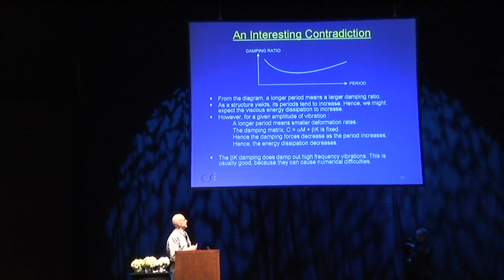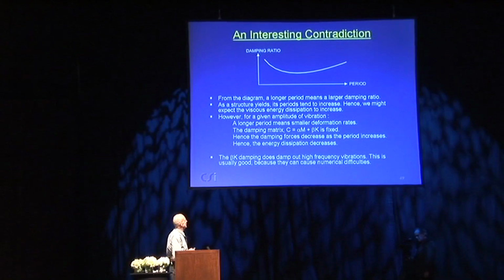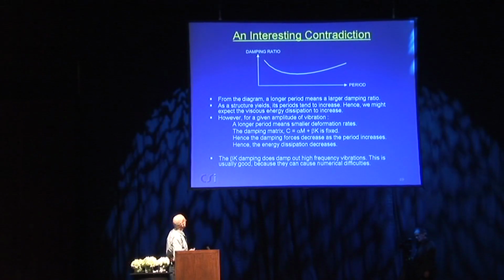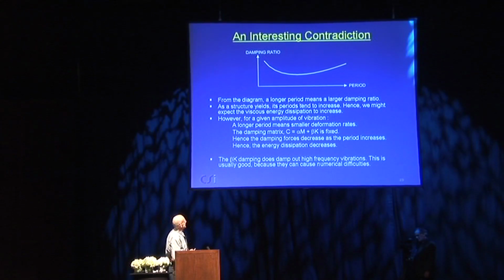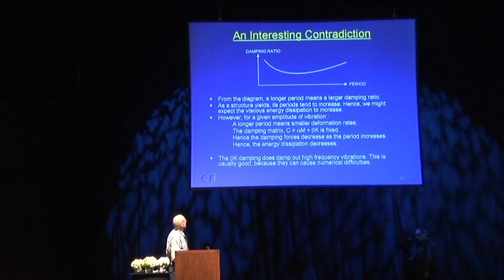This would suggest that as the periods increase, the amount of Rayleigh damping should get larger. However, that's not correct. I used to think that too, but the reasoning is false. As a structure yields and periods tend to increase, we might expect the viscous energy dissipation to increase. But let's look at this.